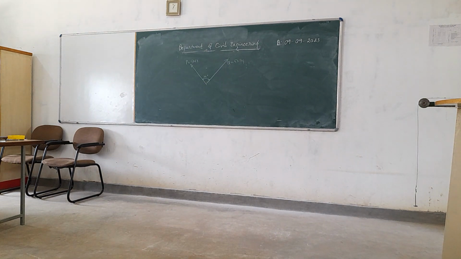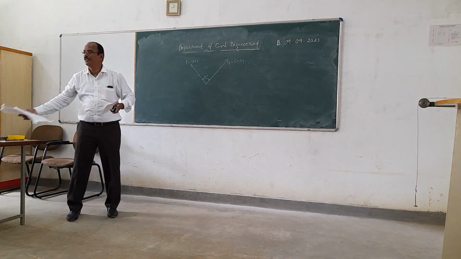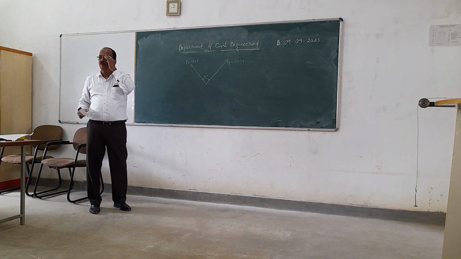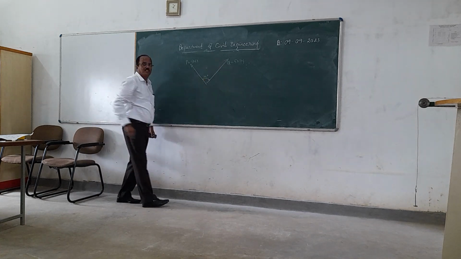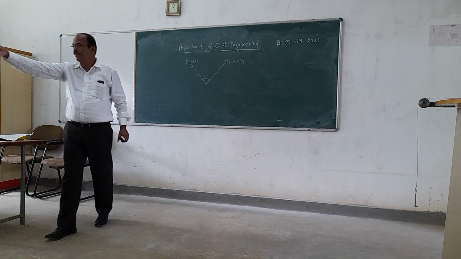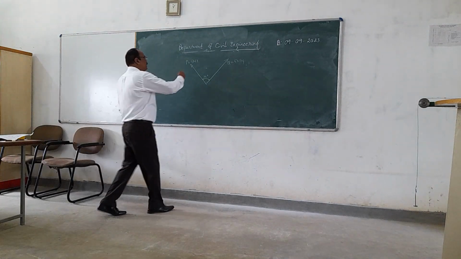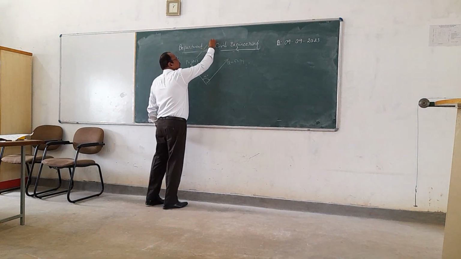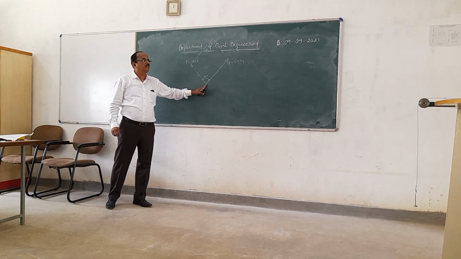To some scale, you get the mathematical resultant by applying the parallelogram law. Take a point length, say 1 centimeter is equal to 50 units, and get the resultant. You consider the parallelogram. First you fix the scale.